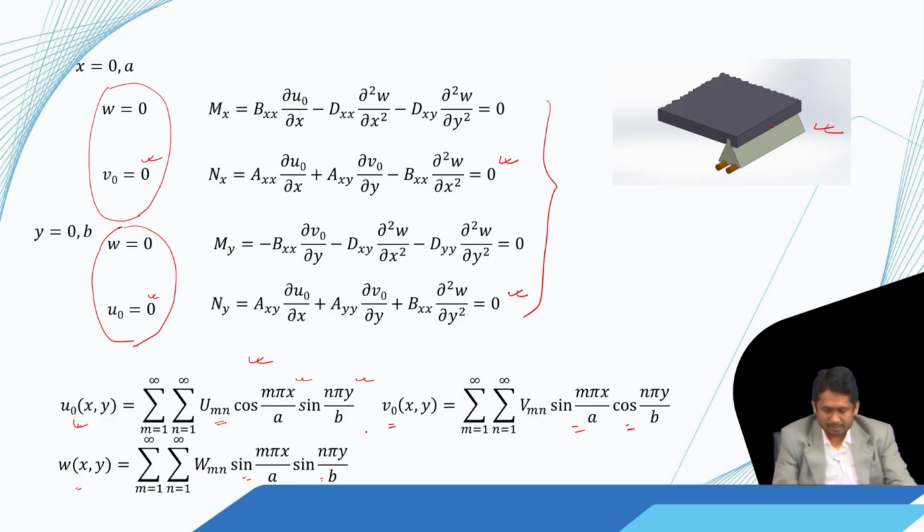Now again here the series are written in terms of n is equal to 1 to infinity, m is equal to 1 to infinity. In reality, we just truncate the series after some terms, depending on the number of buckling modes we want and the accuracy we want.